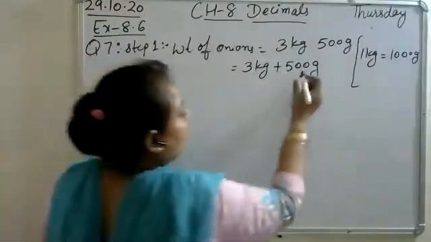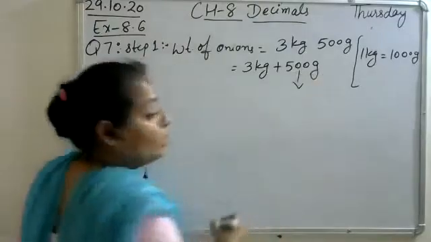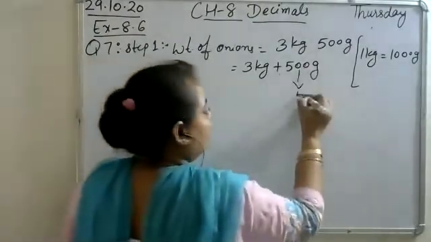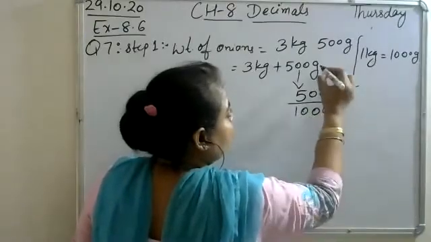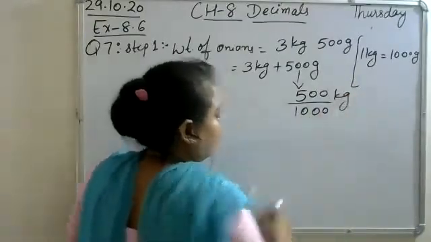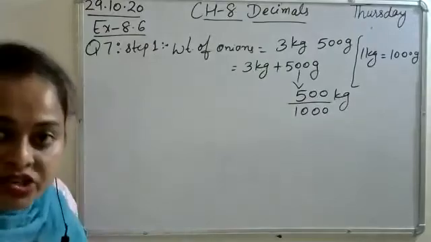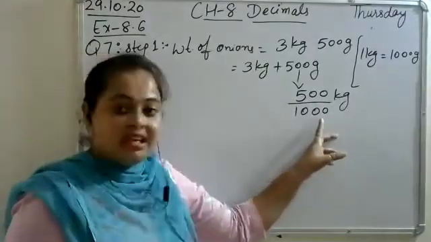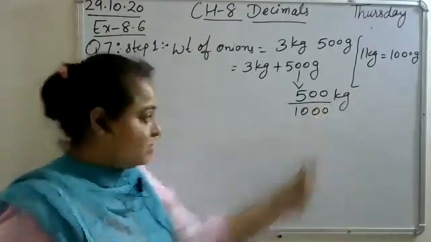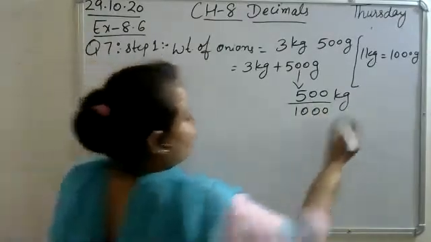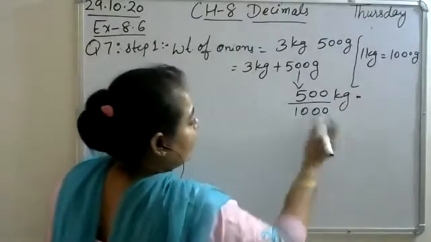Now to convert 500 gram to kilogram, we will divide this by 1000. And this gram will change to kilogram. Now, your wish, either do the cancellation of these two zeros or not. Your wish, no compulsion.